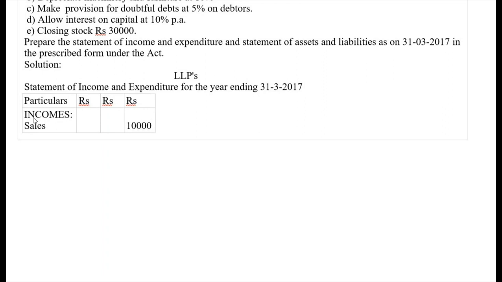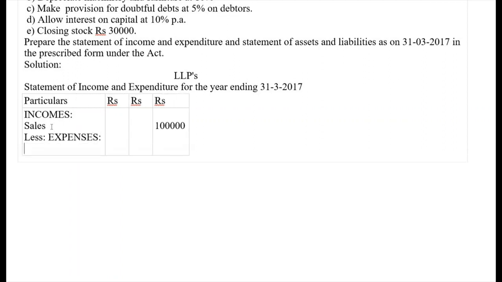So 1 lakh. So from this we should subtract, less expenses. So here we have purchases. So there is nothing here with respect to returns etc. here. So let us take it in the second column.